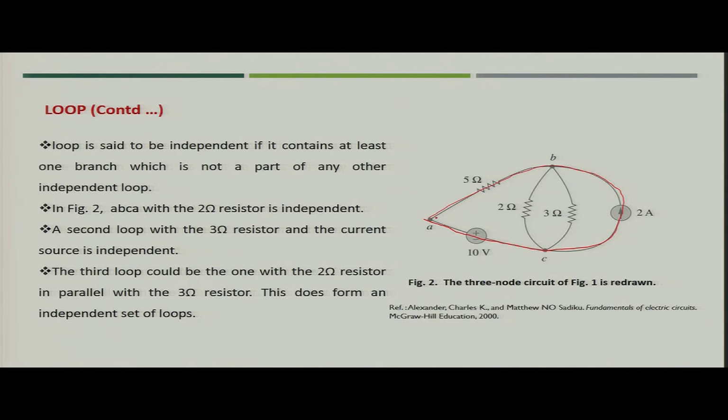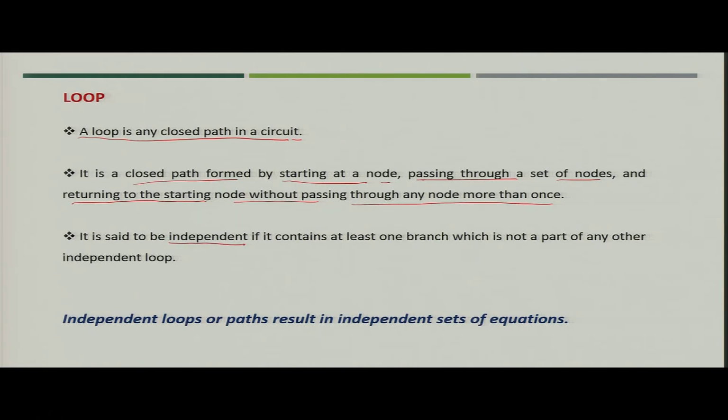to be one loop, right. Now, this particular loop is said to be independent if it contains at least one branch which is not part of any other independent loop. Now, why is the loop important? Because independent loops or paths result in independent sets of equations.